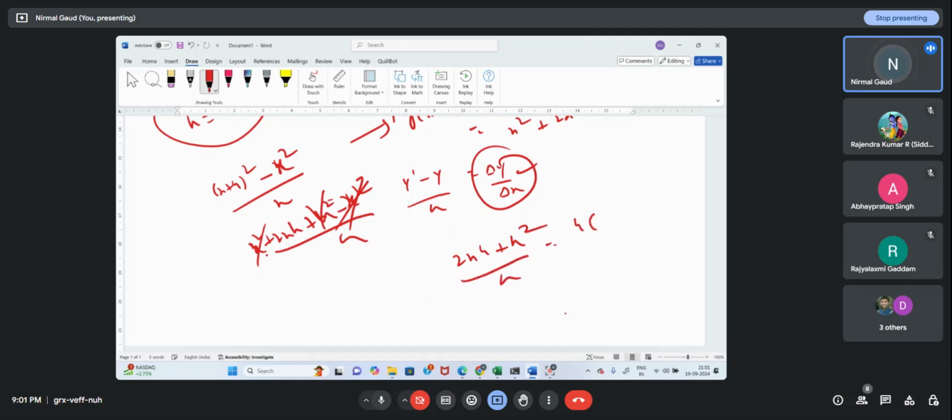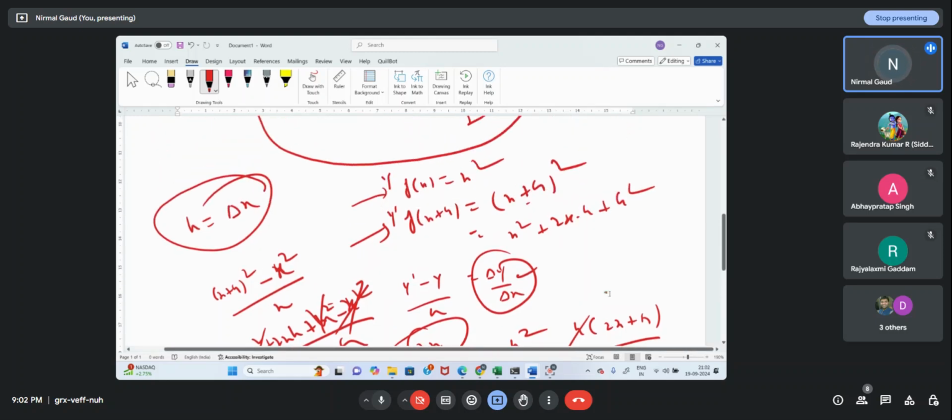Take h common from the numerator, cancel h and h. So you get 2x plus h, and h tends to 0. Here you can put a limit, h tends to 0, and put the value of h equal to 0 here. So you are left with only 2x. This is the answer. This is differentiation by using limits.